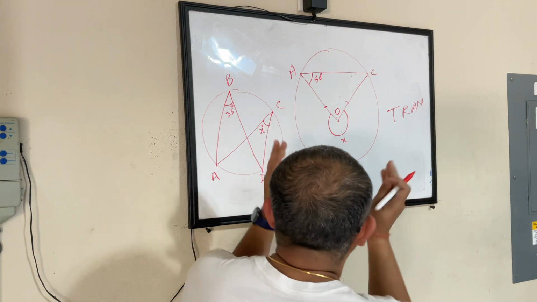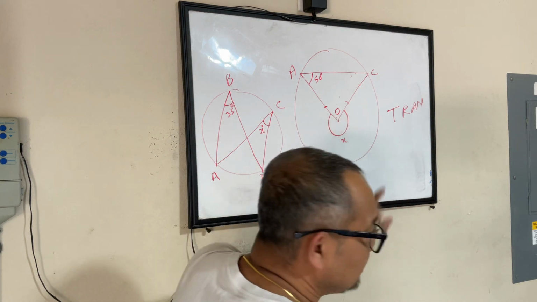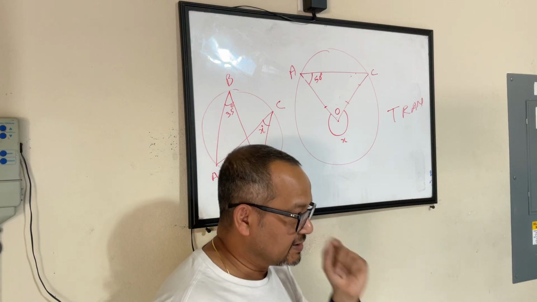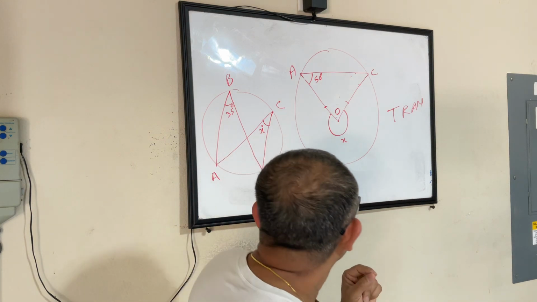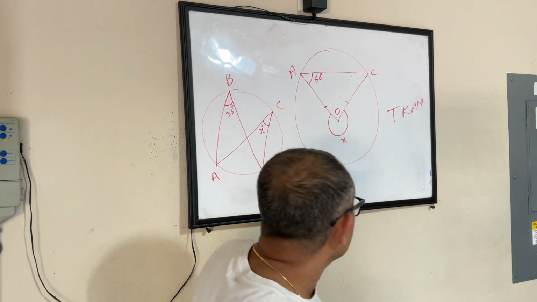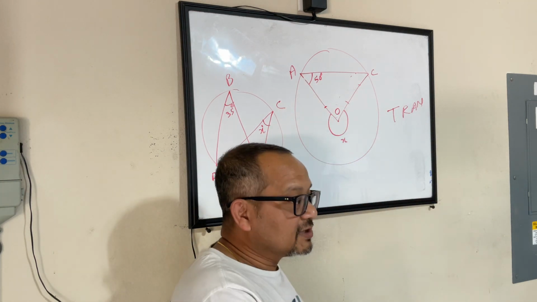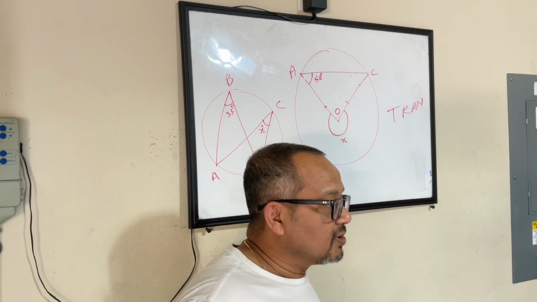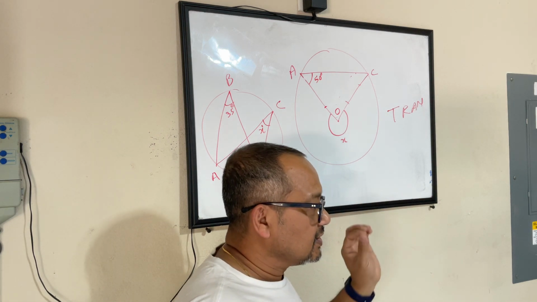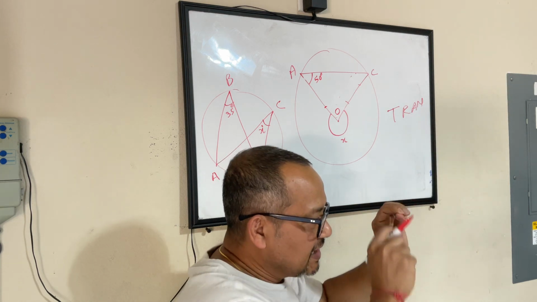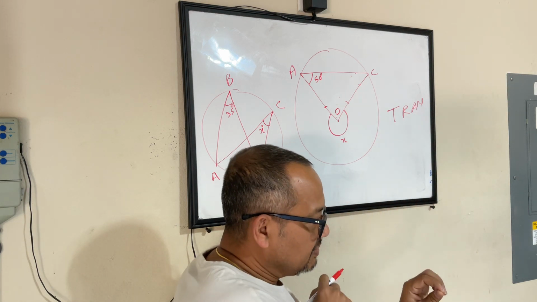When you look at this question carefully, every piece of information in the question has a reason and an intent. You are given this angle, and then this question says, O is the center of the circle. The only property about a circle we know is that the center of the circle is equidistant from every point on the perimeter.